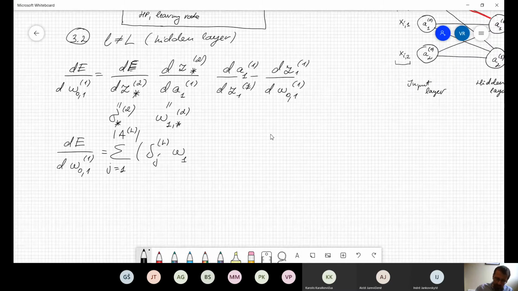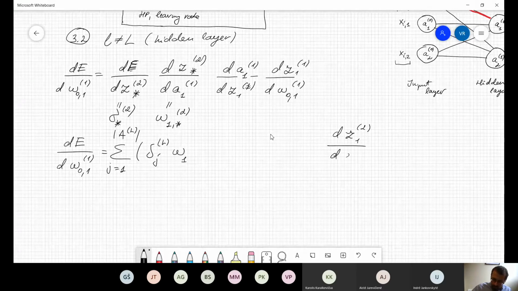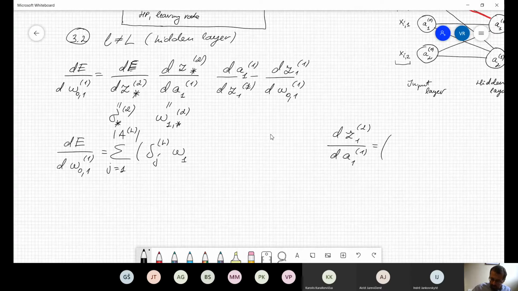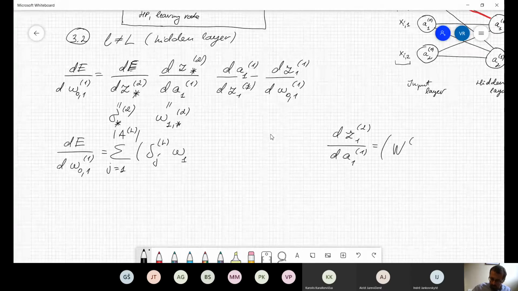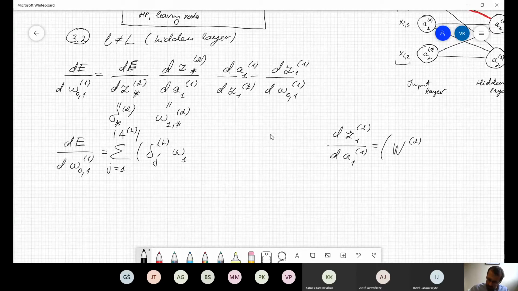So this is the derivative of Z first, let's say on the second layer, with respect to A first one, which is basically W on the second times activation on the L minus 1.